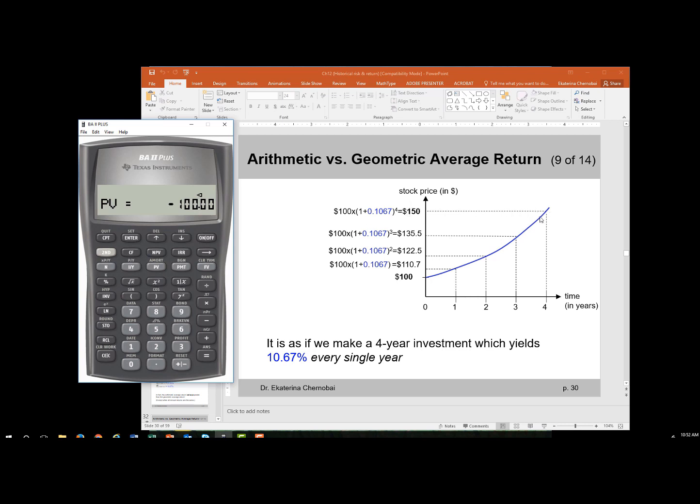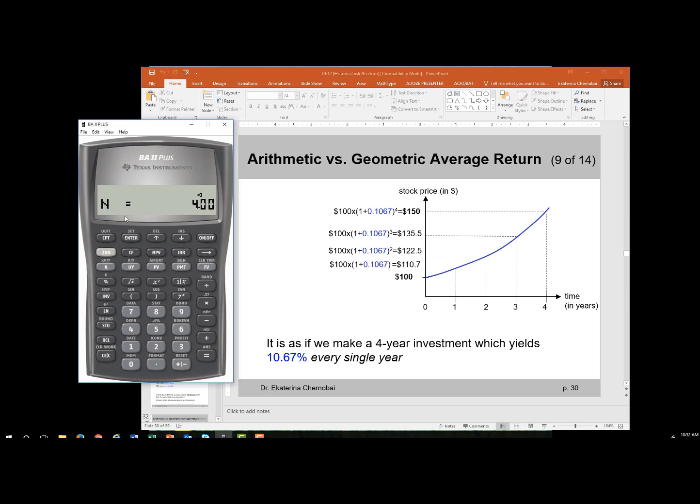150 is what I will have in the future. That's like my future value. I press 150 and then the future value button, FV. How many years apart are they? 4 years. That's my N, number of years. I press 4N.